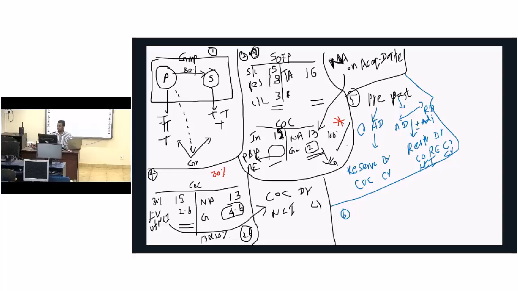Impairment of goodwill. Anybody who can tell the double entry for impairment of goodwill? Since every time we are going with the full goodwill method, what should be the double entry?